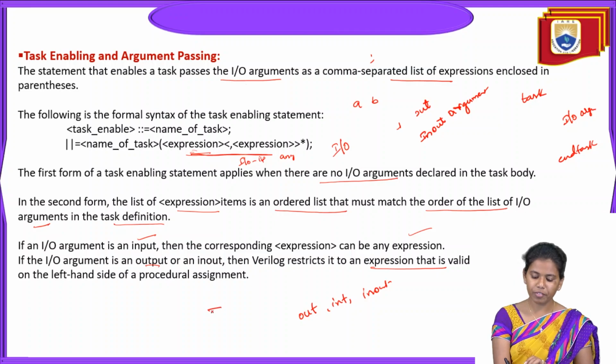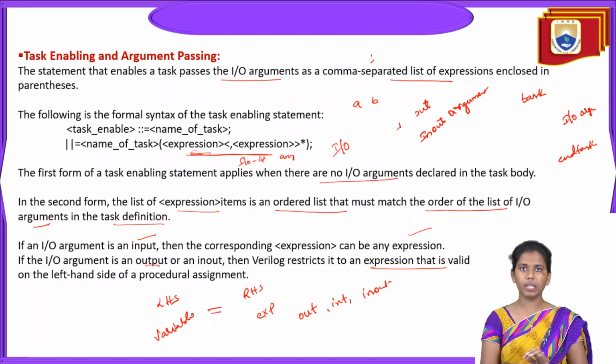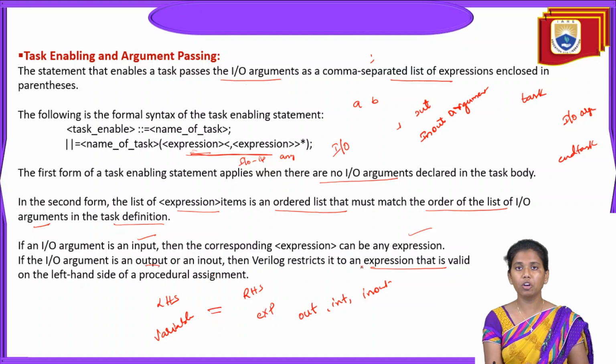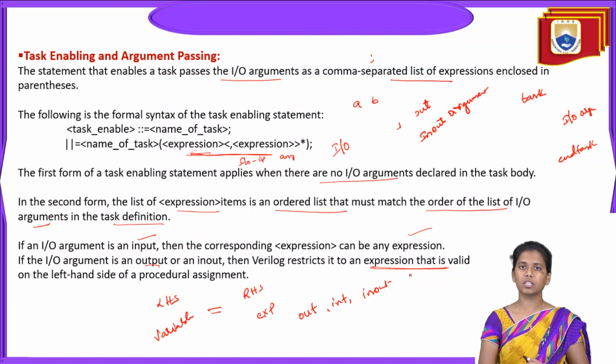So this is the left hand side of a procedural assignment, and this is the right hand side. On the right hand side, we will see the expressions. On the left hand side, we'll write the variables, right? We'll declare the variables. So what this sentence is talking about: if it is an in-out argument or an output argument, Verilog restricts the expression. Okay, it will have some restrictions.